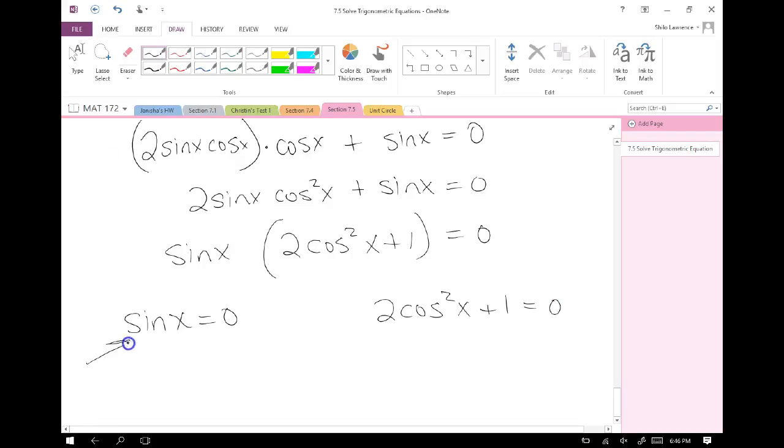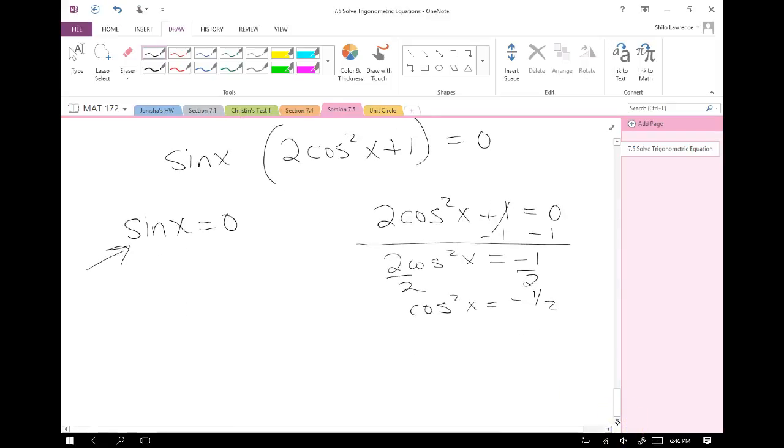So we are either looking for an angle where sine is 0, and on that second equation, we've got a little bit more algebra to do. We are going to run into a problem though, because I'm going to take the square root of -1/2. Have we talked about complex numbers yet this semester?